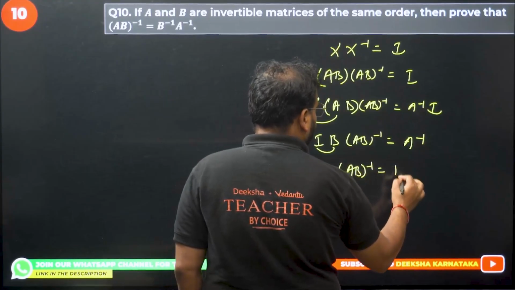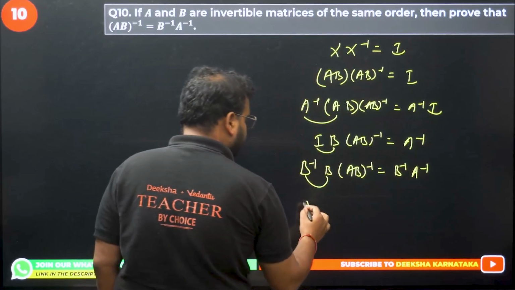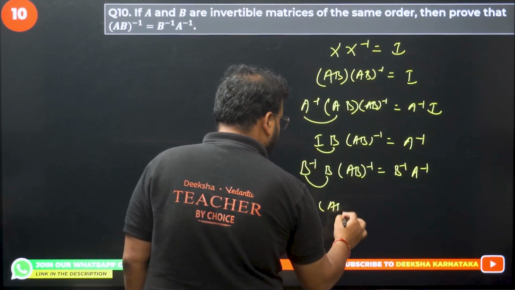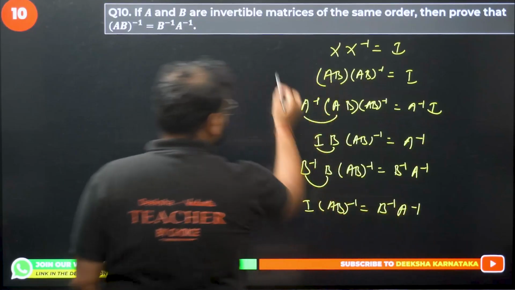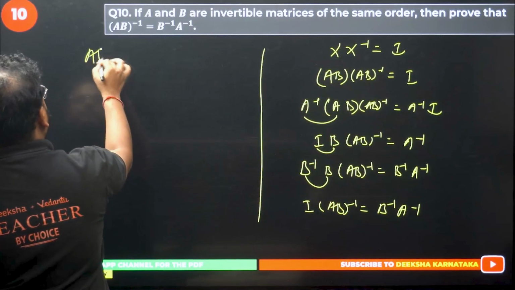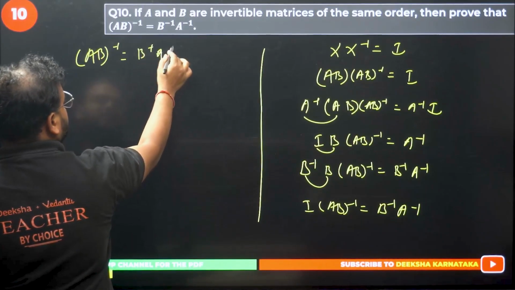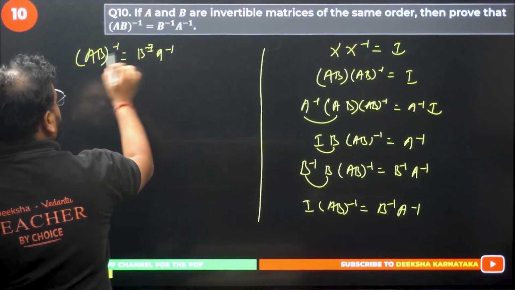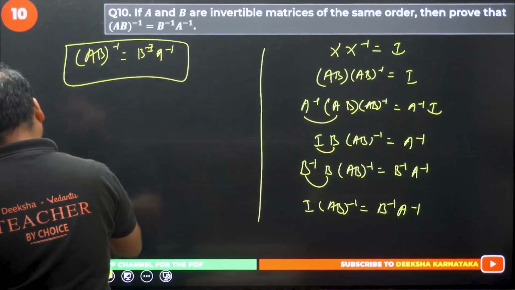This will be B inverse A inverse. So what I get? Again I times AB inverse equals B inverse A inverse. Last step. You don't need to write I. I'm getting this equal to B inverse A inverse. Please check. B inverse A inverse.